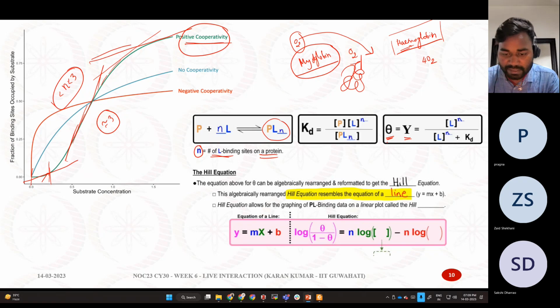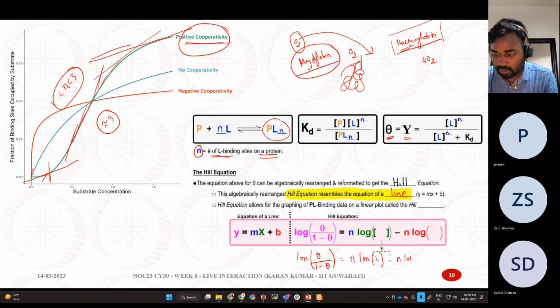The Hill equation gives you the relation for the partial saturation, and when you take the log on both sides, you will get the log of theta divided by 1 minus theta, where theta is the partial saturation, equal to n log [L] minus n log Kd.